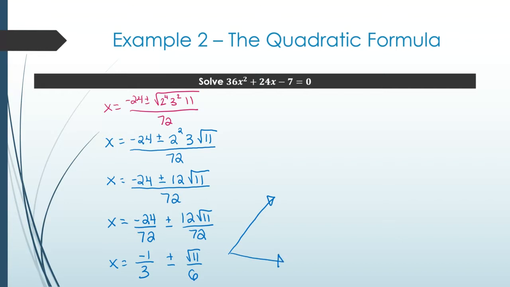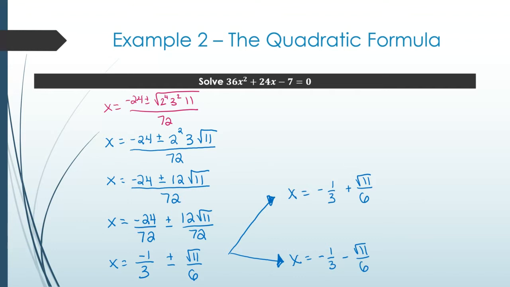So now we have our 2 equations: x equals negative 1/3 plus square root 11 over 6, and x equals negative 1/3 minus the square root of 11 over 6.